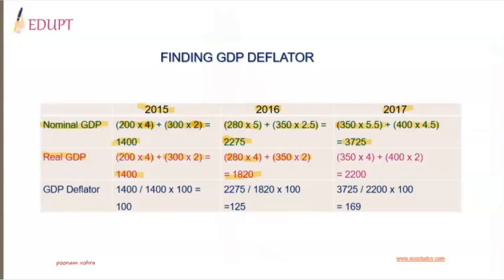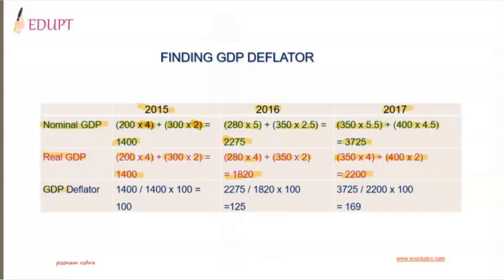Similarly, in 2017, quantity produced of X in the current year multiplied by price that prevails in the base year plus quantity produced of Y in the current year multiplied by price that prevails in the base year, and one gets 2200 as real GDP of 2017.